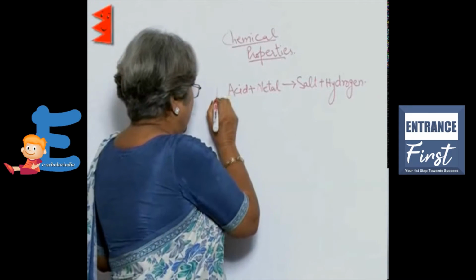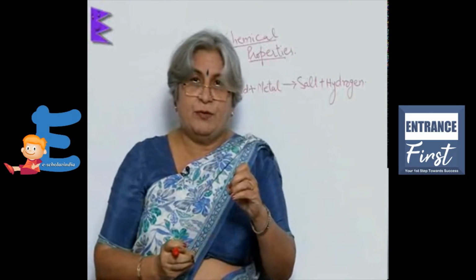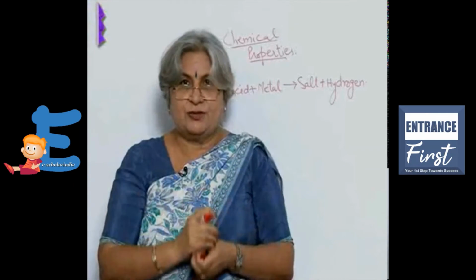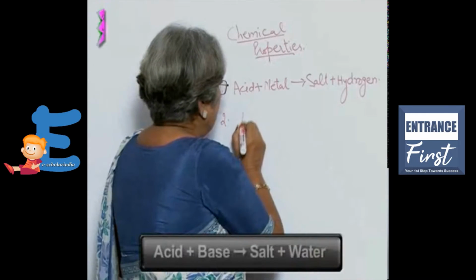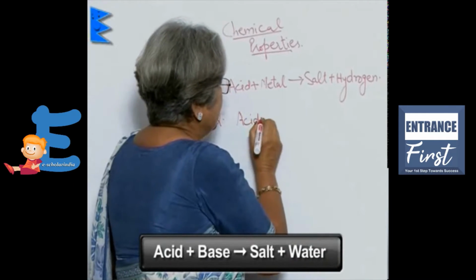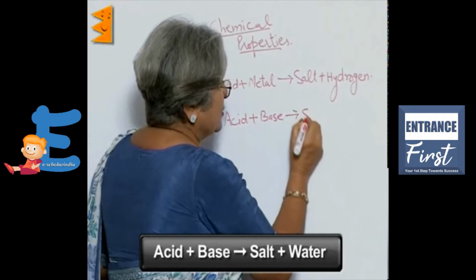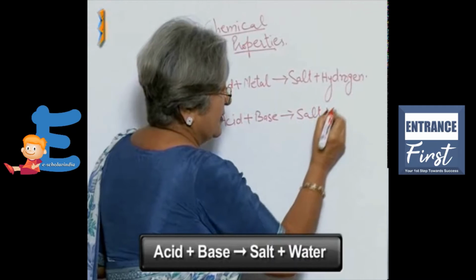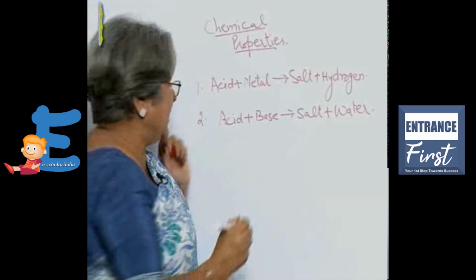Now the second property is, what will happen if we put acid and base together? Let us see what is going to happen. Acid plus base gives us salt plus water. Let's see how.